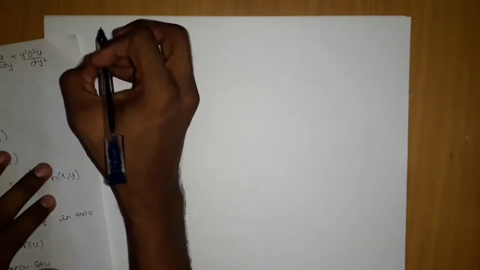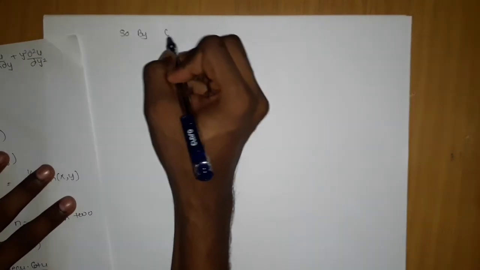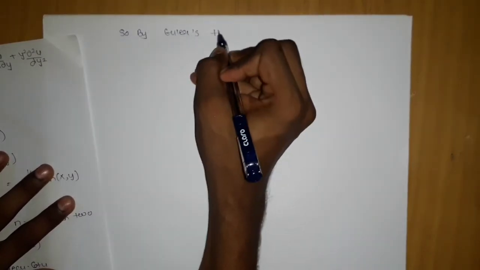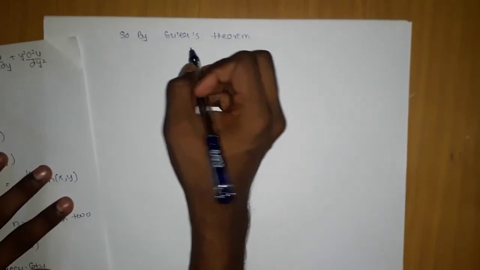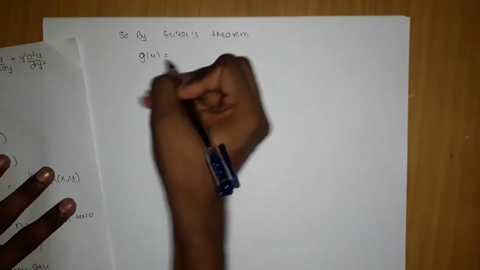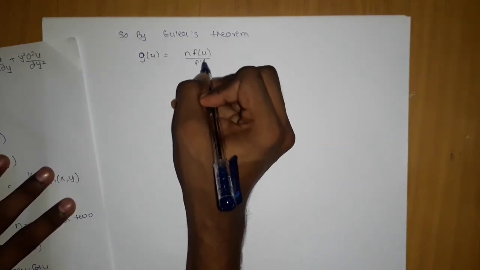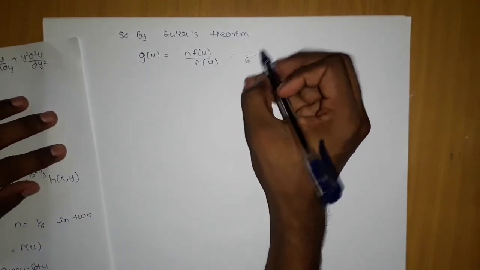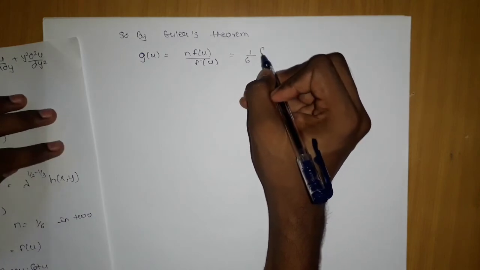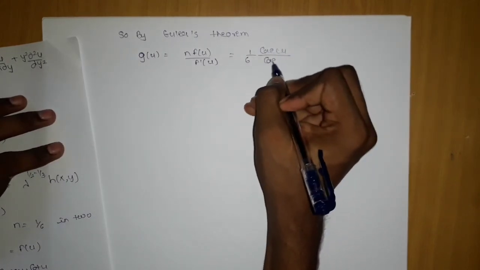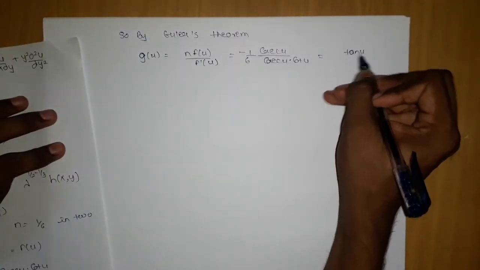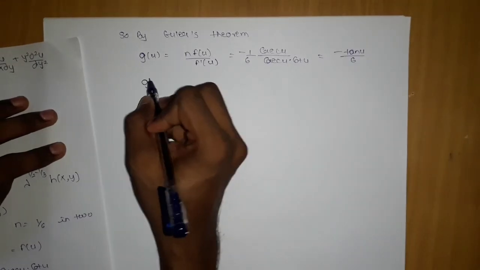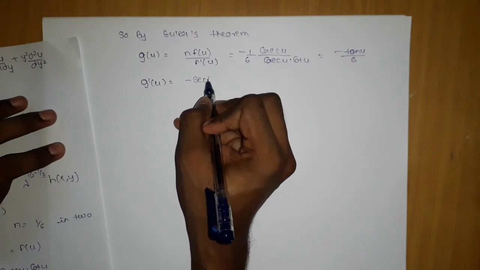By Euler's theorem, g of u is nothing but n times f of u upon f dash u, which will be 1 by 6 firstly. Secondly, it will be cosec u by minus cosec u dot cot u, which is nothing but minus tan u by 6. And if you want to get g dash u, it will be minus sec square u by 6.